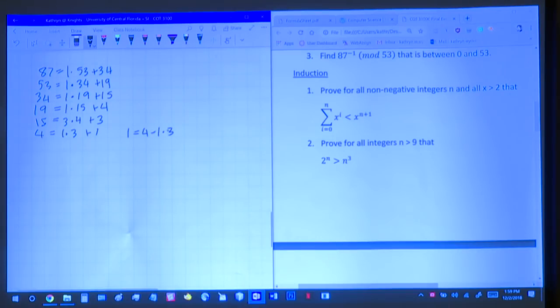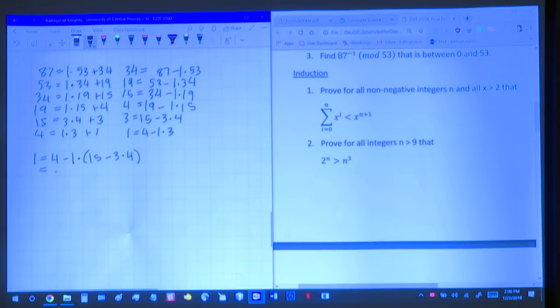1 equals 4 minus 1 times 3. 3 equals... And we'll run the extended algorithm again. 1 equals 4 minus 1 times 15 minus 3 times 4.